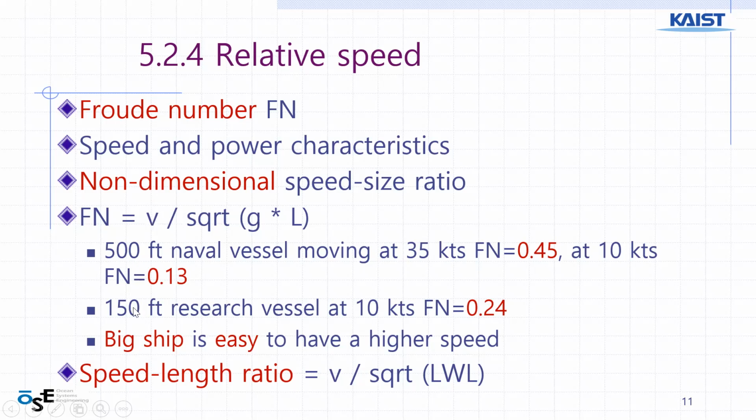But a smaller ship, a 150 feet research vessel at 10 knots, has a Froude number almost double that of big ships at 10 knots, because of this equation. This is a non-dimensional equation, so as a designer you can imagine that a big ship finds it easier to have a higher speed compared to small ships. That is the nature and physics behind it, and so that is another advantage of building a big ship rather than a small ship. All right, question?